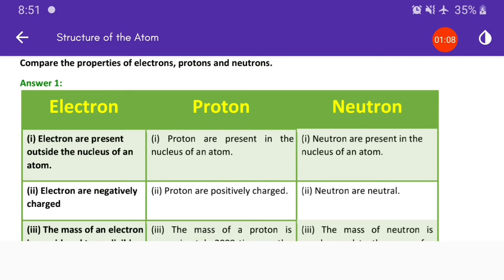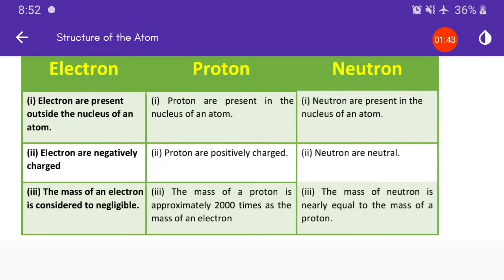Electrons are present outside the nucleus of an atom, protons are present in the nucleus, and neutrons are present in the nucleus. Second point, electrons are negatively charged, protons are positively charged, and neutrons are neutral.